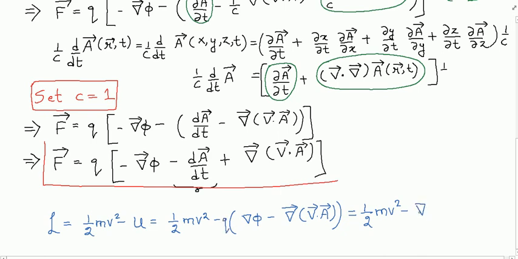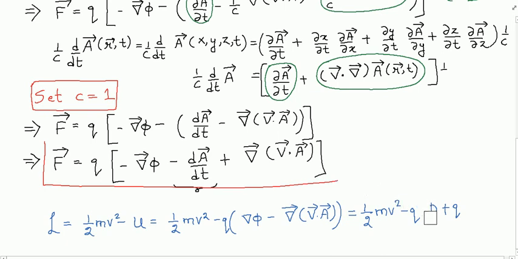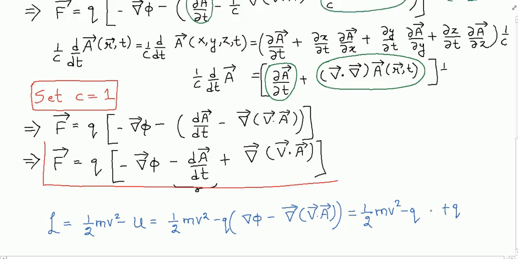So minus q gradient of phi, and then plus q, and what do I get? We don't need the gradient, right? Why do we need the gradient? Gradient occurs when I write the force equation. In the Lagrangian, we can directly have the potential phi, and then plus q v dot A.